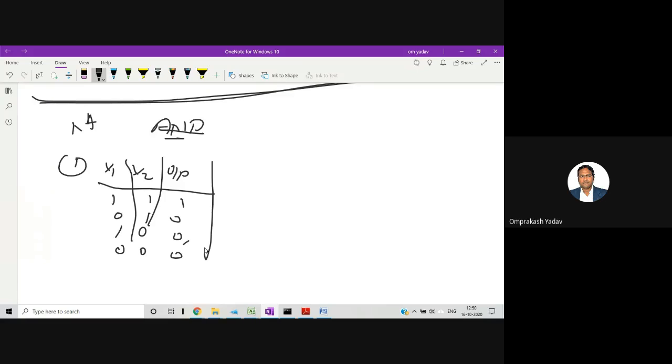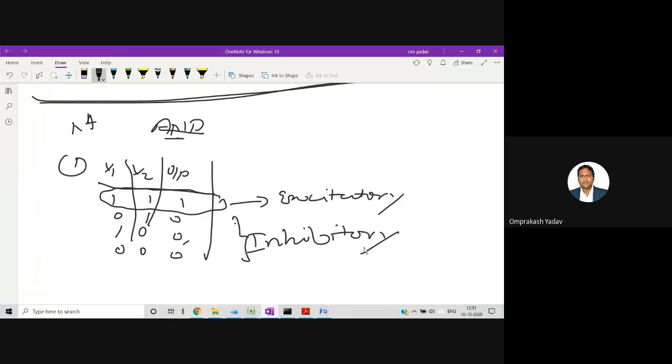If you see here, this particular condition we can say is excitatory signal, and these three are inhibitory. So the first case is different from the other cases. There are only two cases: first one is excitatory, second is inhibitory.